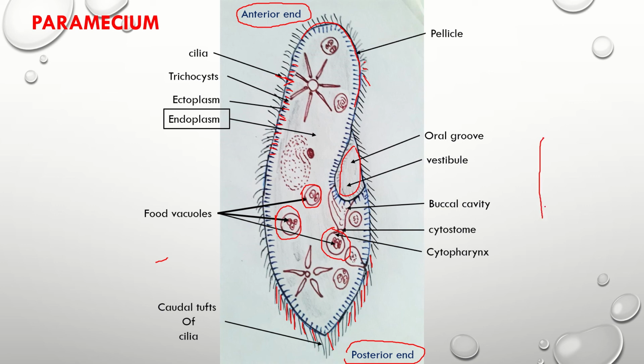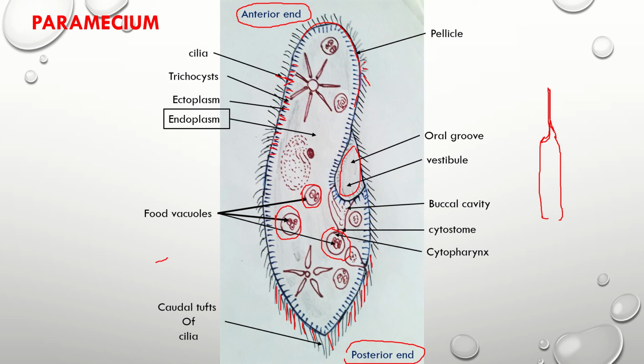The terminal part of this trichocyst is pointed, having a pointed tip called the spike.